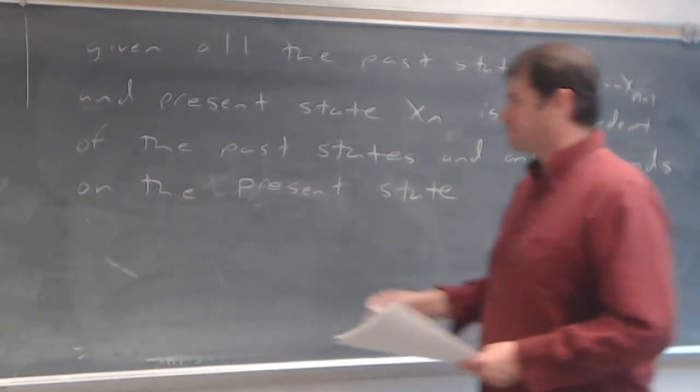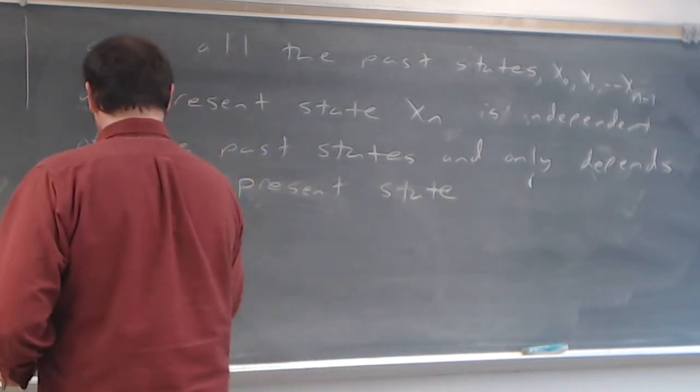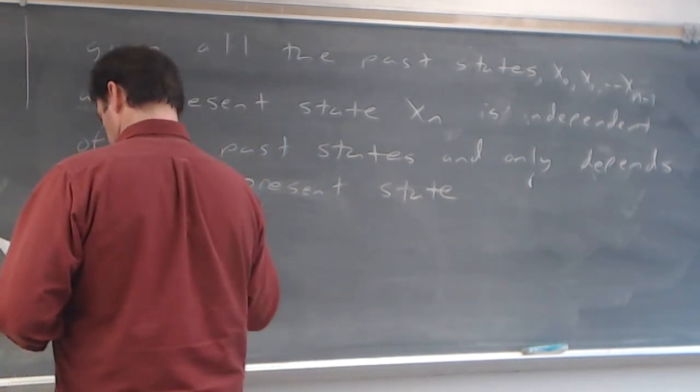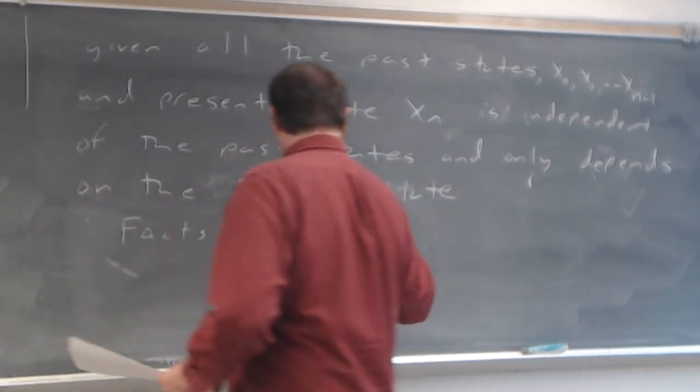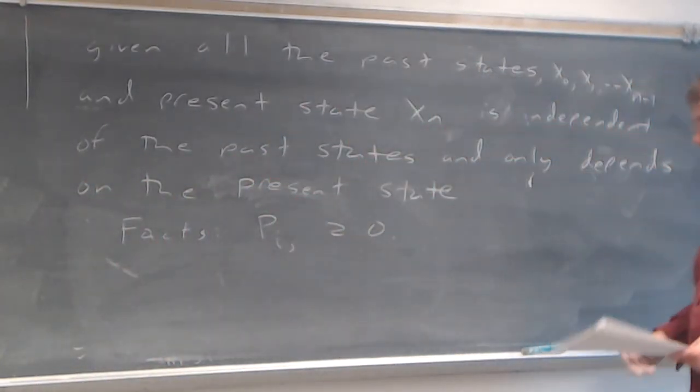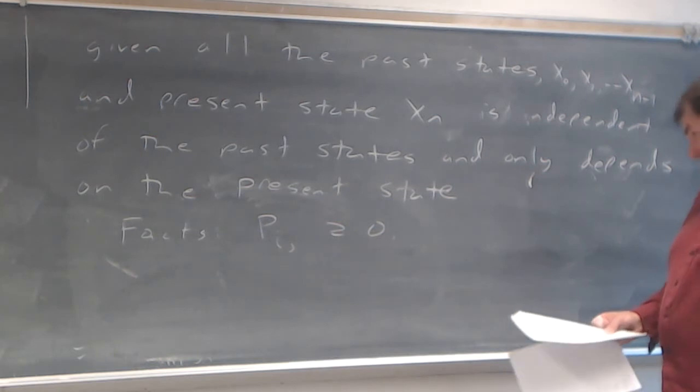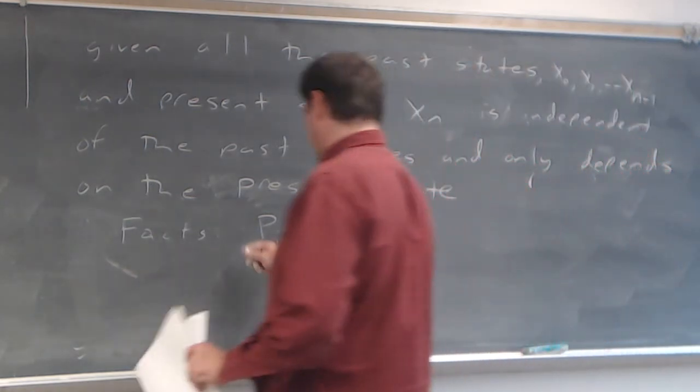Some facts. P sub ij has to be greater than or equal to 0, for it's a probability. It could also say it's got to be less than or equal to 1.